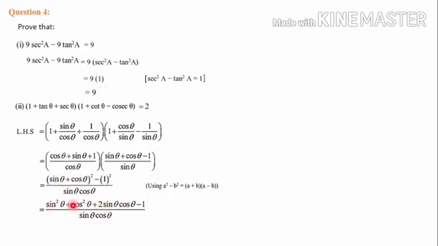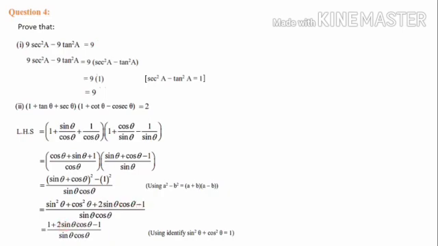Minus 1 square is 1, divided by the same denominator, sine theta into cos theta. By using the identity, sine square theta plus cos square theta is 1, so the first two terms become 1. That is 1 plus 2 sine theta cos theta, minus 1.